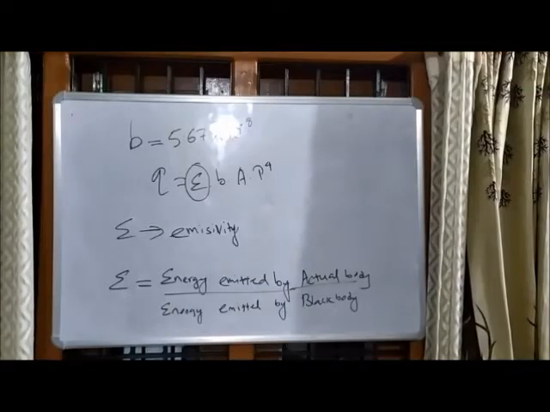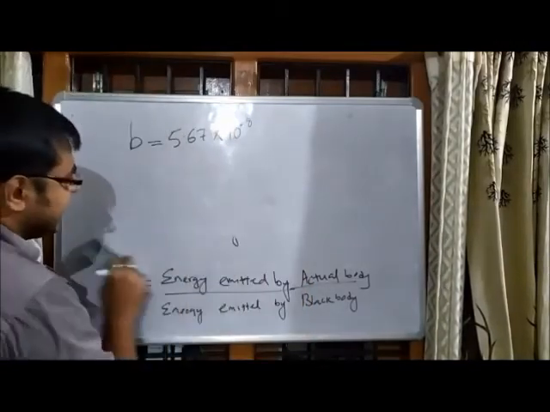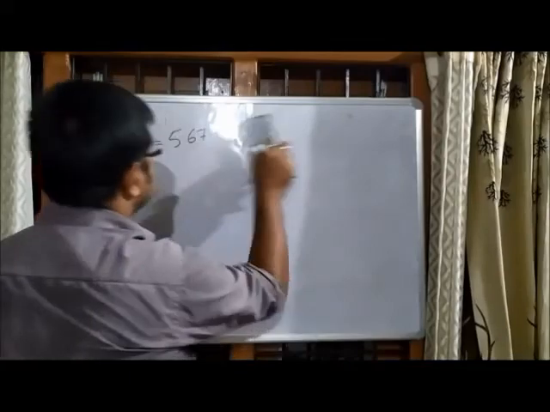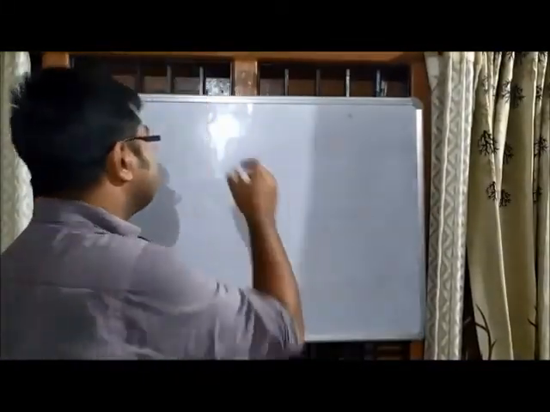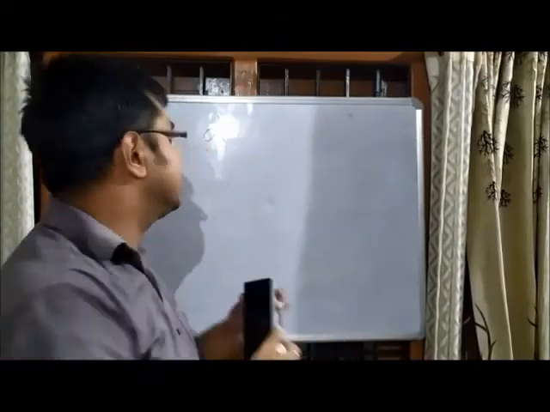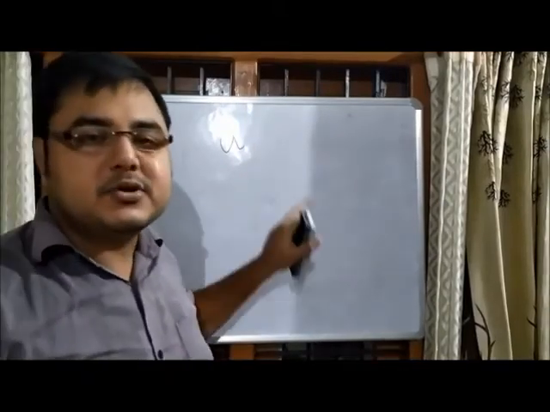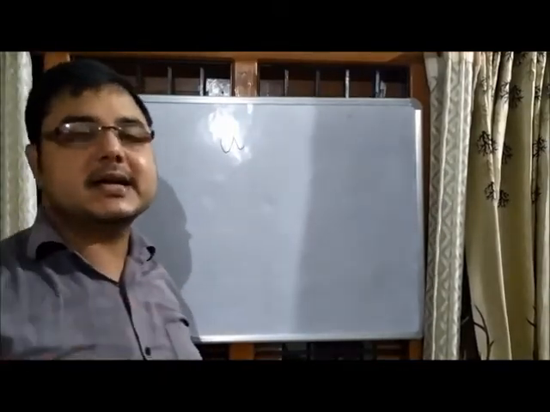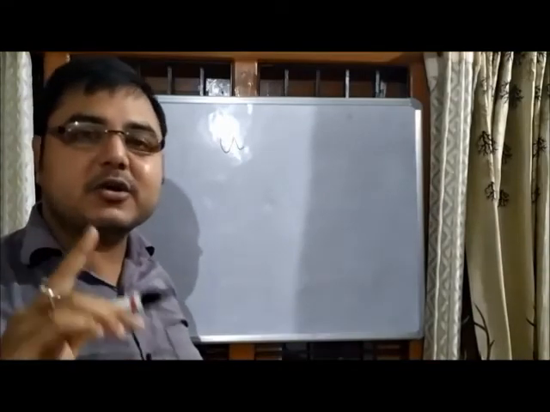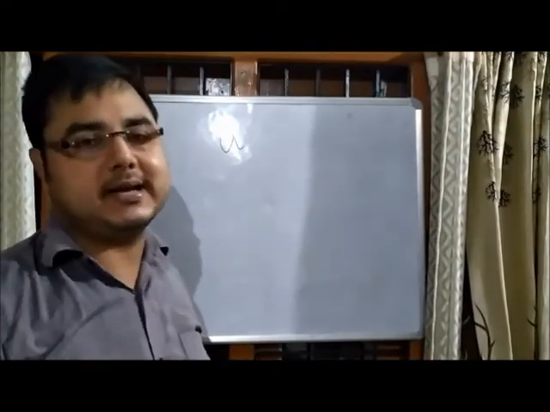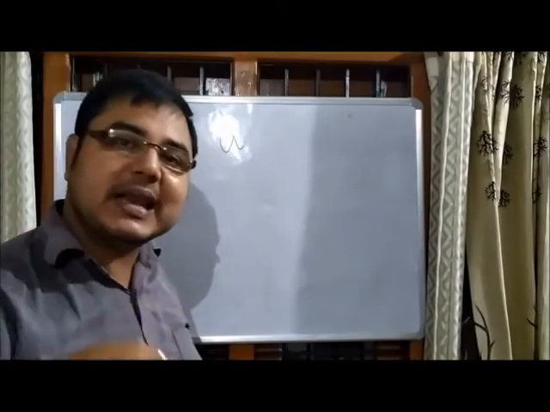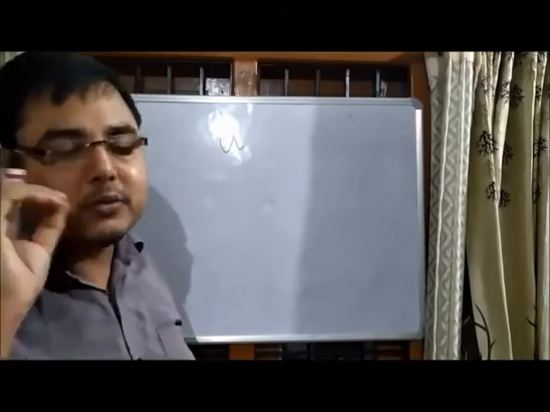A gray body can be defined as a body whose absorptivity is constant at all wavelengths. I repeat, a gray body is a body whose absorptivity, that is alpha, is constant. A gray body has a constant absorptivity at all wavelengths. Upon changing the wavelength of the light, the absorptivity will be the same.